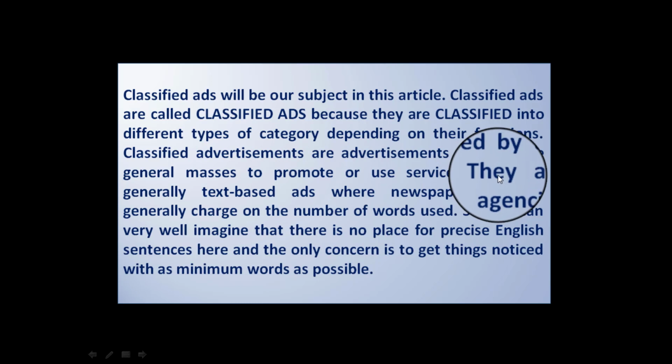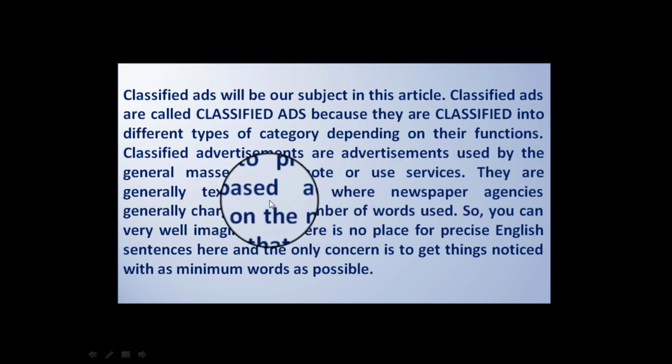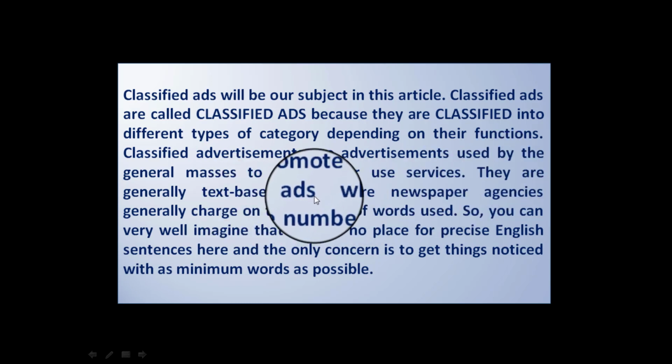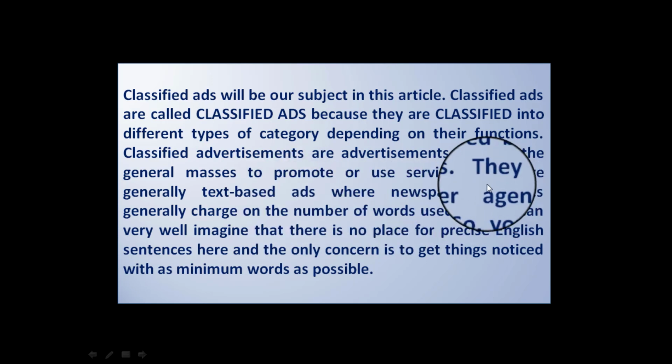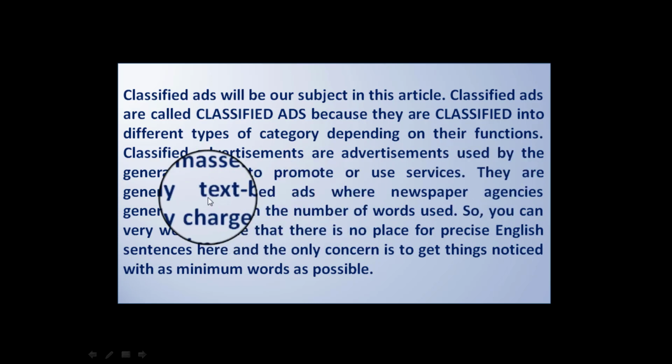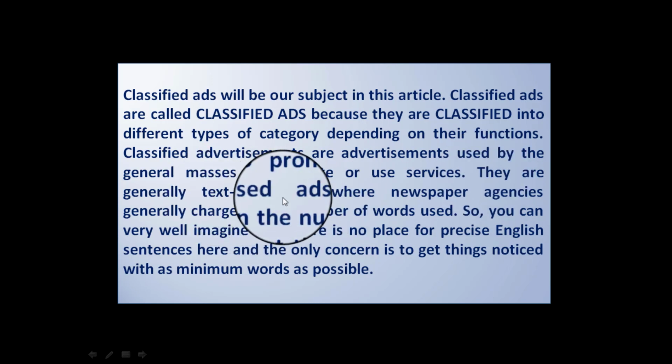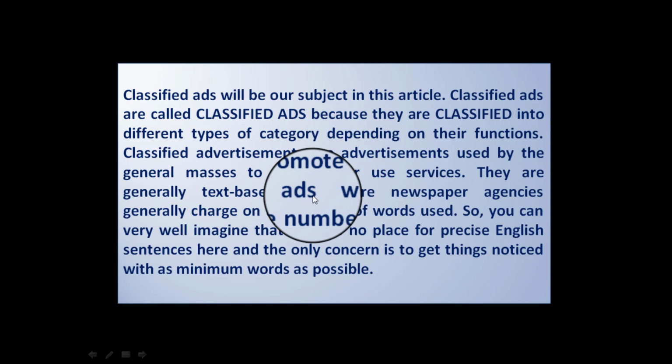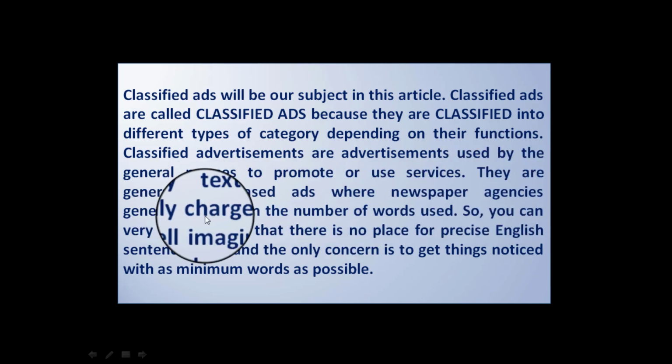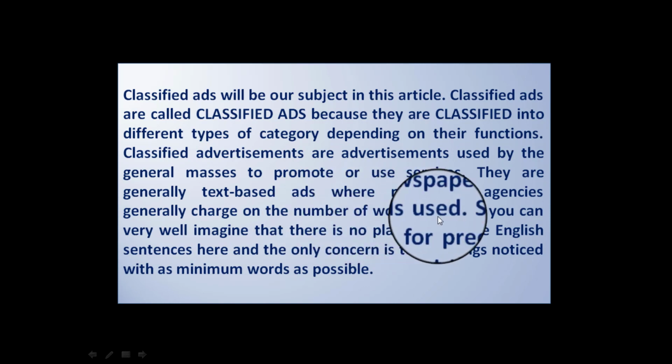So classified ads are always text based ads, meaning only words, only characters are used. Newspaper agencies generally charge on the number of words used.